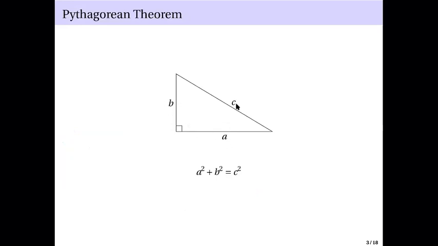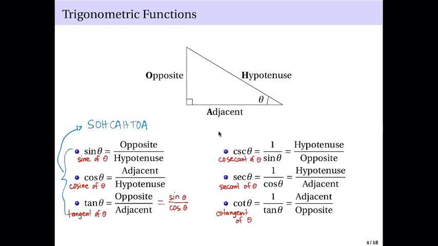Given two sides, what is the length of the other side? Given this hypotenuse and A, what is the value of B? Or I can ask you combinations with this one and this one.